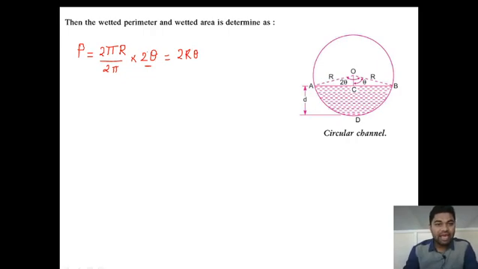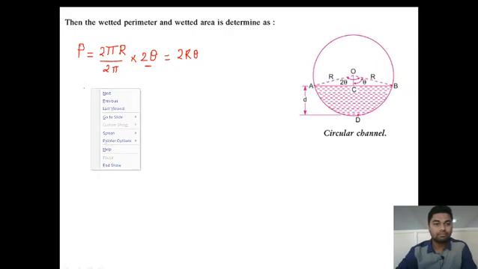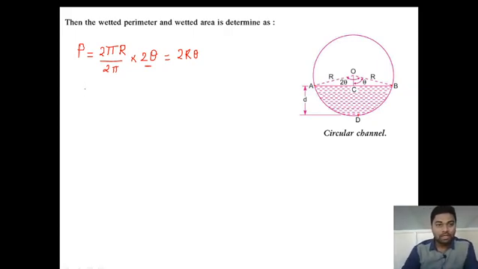The next is the area of the flow. If you look at the figure, what is the flow area? Flow area is nothing but the area of the minor segment ADBA.